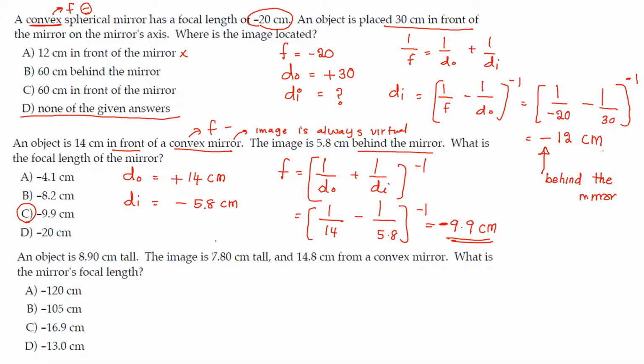For the third one, you all have given me answer A. Let's see. Yes, I also got answer A. It is a tricky one. An object is 8.9 centimeters tall, so H naught is 8.9 centimeters.